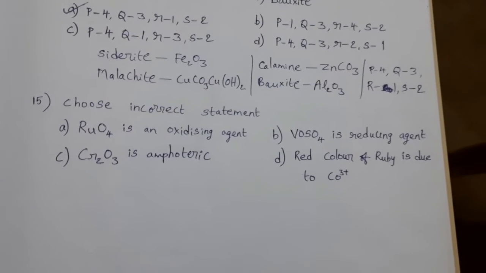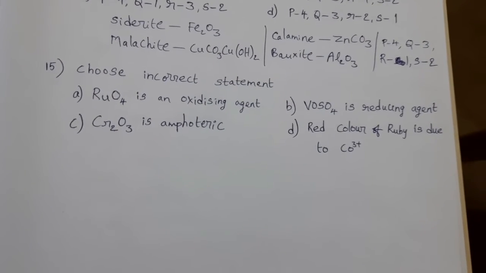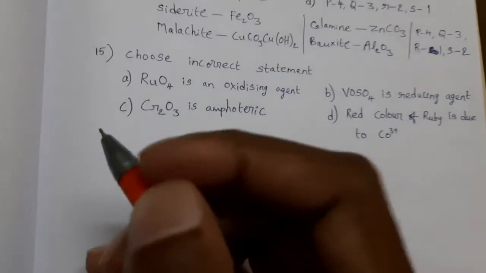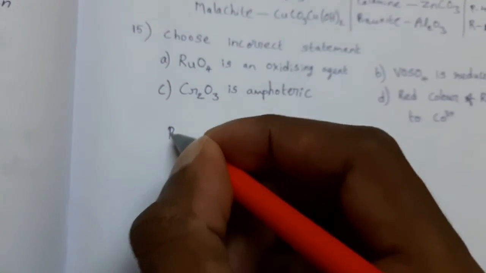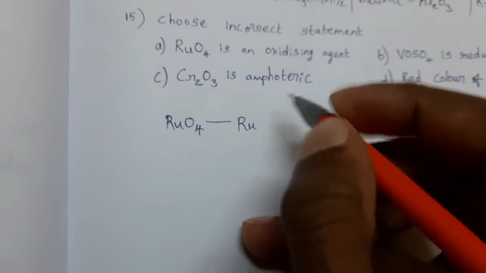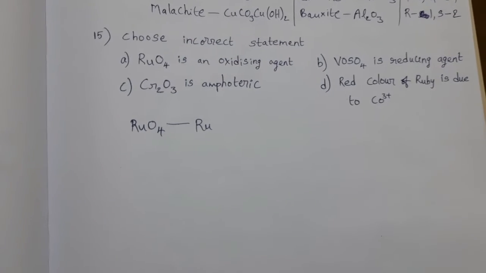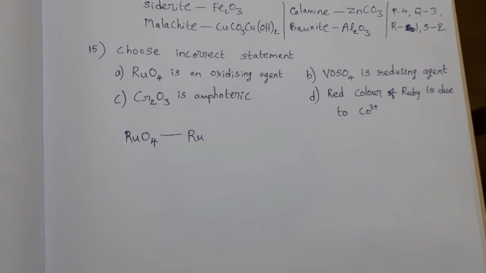Next one. Choose the incorrect statement. Option A: RuO4 is an oxidizing agent. See here, RuO4. What is the name? Ruthenium tetroxide.